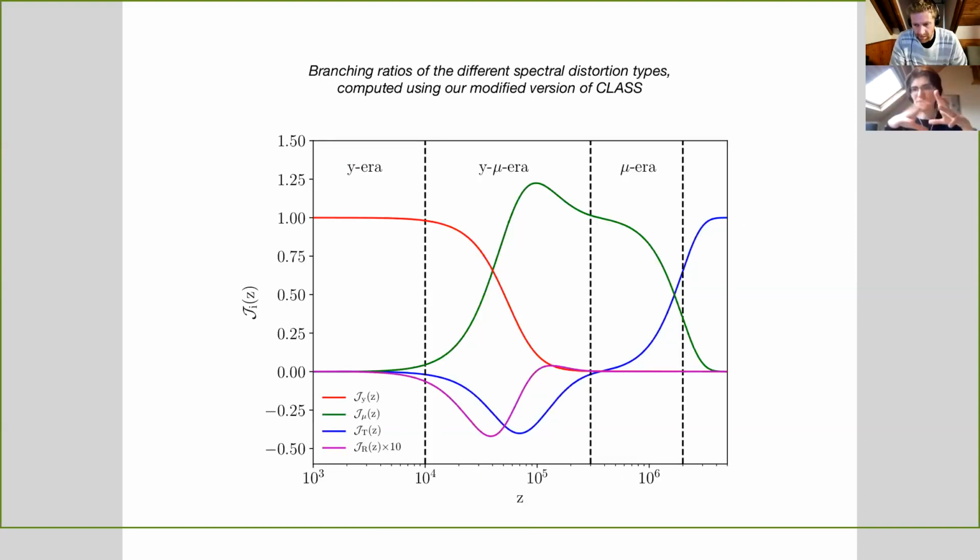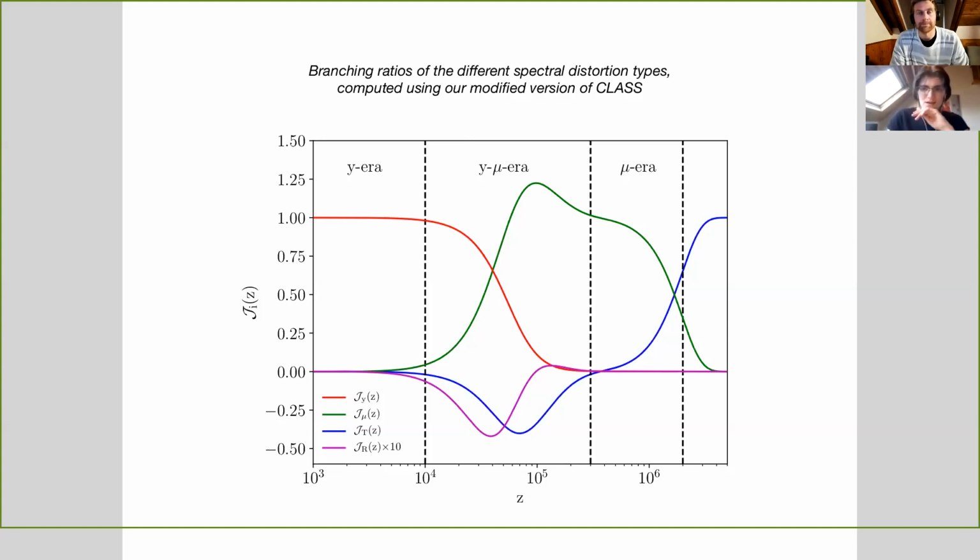This is also very easy to calculate with our new code. And these branching ratios do not need to be recomputed for every model. They are stored, and unless you're messing up the branching ratios, which you shouldn't really do because it's model independent, these don't need to be recomputed.